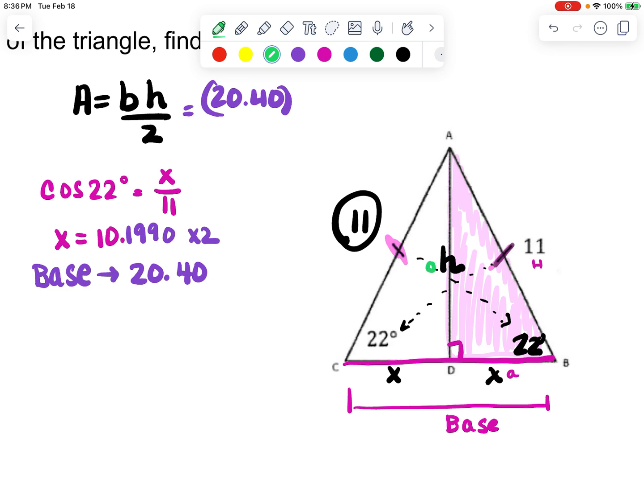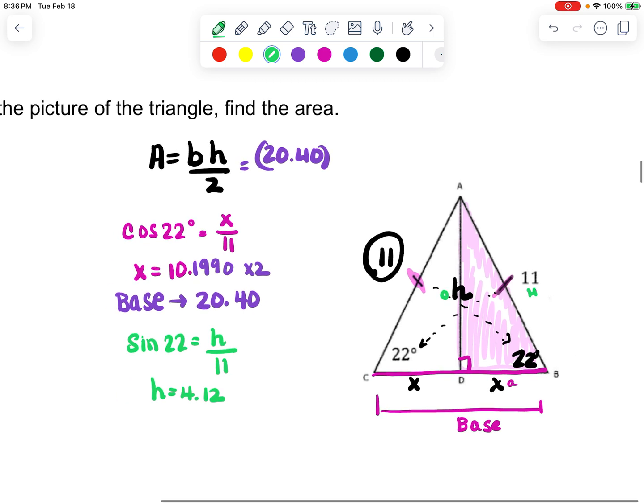So H is O, and H is what I got here. So I've got my height. That's what my little baby H is. So I've got sine of 22 is equal to H over 11. And if I solve that, I think I get my height of my triangle is 4.12.